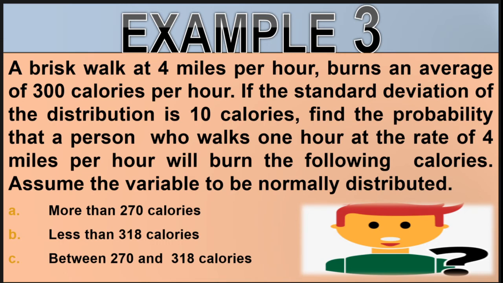Assume that the variable is normally distributed. For set A, we have more than 270 calories. For set B, we have less than 318 calories. And for set C, we have between 270 and 318 calories. So let's solve for it.